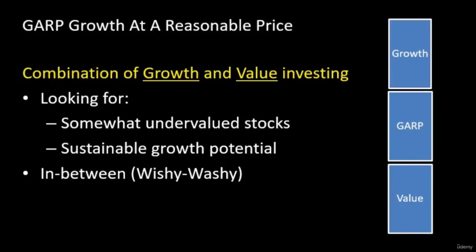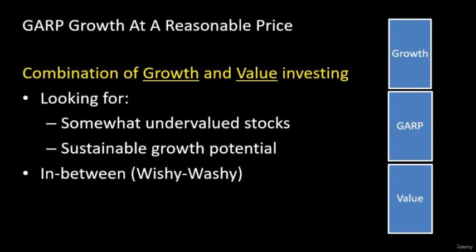Another very interesting way of looking at a fundamental ratio, and one I like because it's got a funny name, is GARP, or growth at a reasonable price. GARP stands for growth at a reasonable price. The idea is a combination of growth and value investing. Growth means looking for momentum, or stocks that are at a premium and are growing.